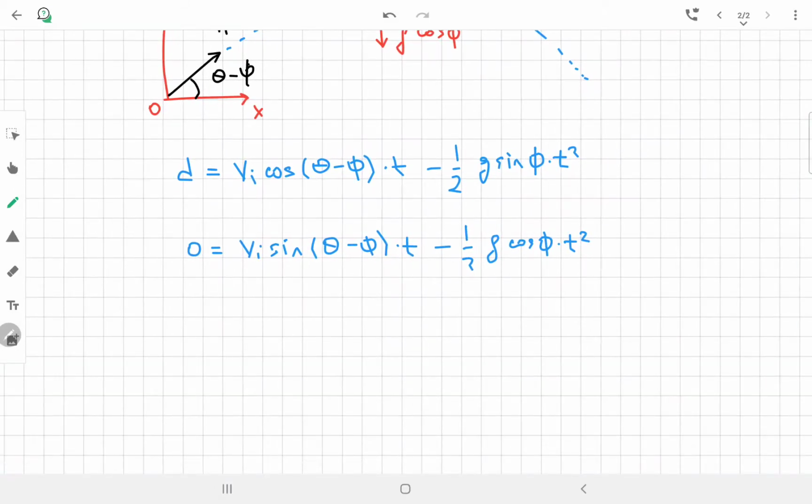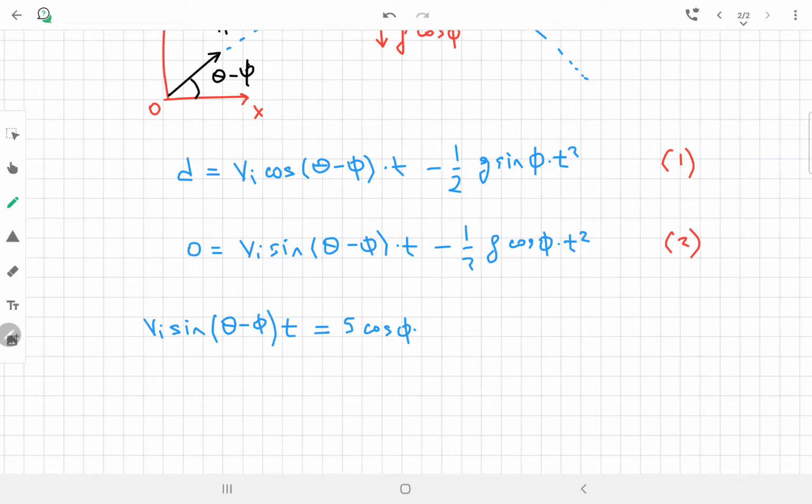So let's number these two equations: the first one and the second one. From the second equation, I think we can get the time. If we do simple calculations, one over 2 g is basically 5, yes, 5 cosine phi.